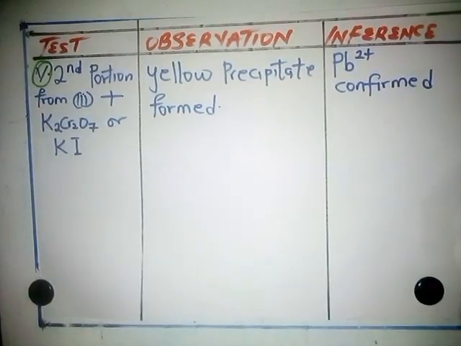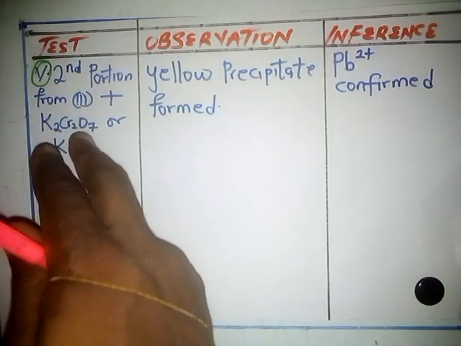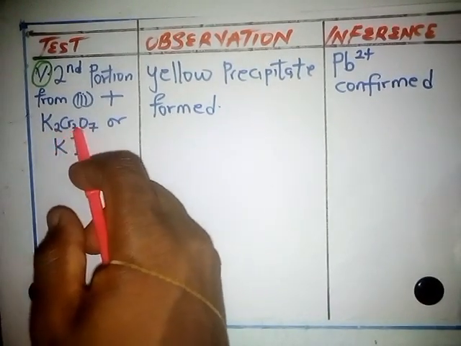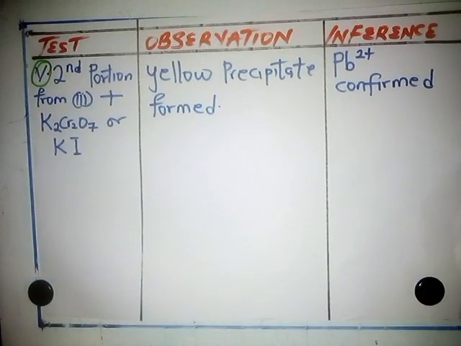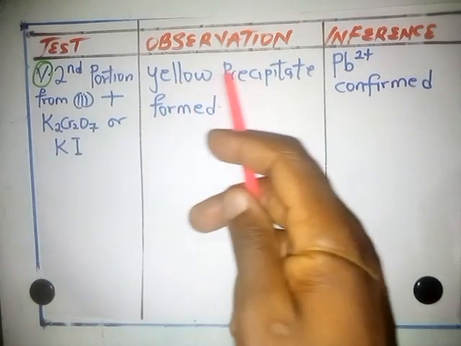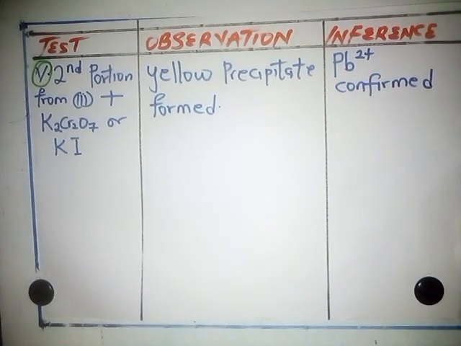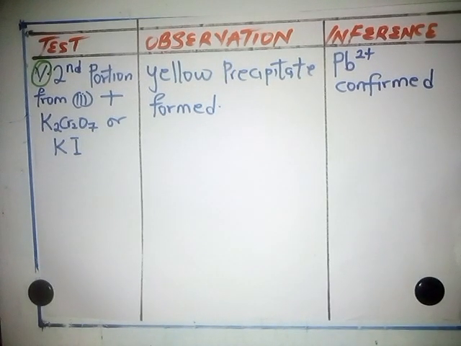All right, the last part, second portion from 3 plus potassium heptaoxodichromate(VI) or potassium iodide. The observation is that a yellow precipitate is formed. So when that happens, then you know that lead, Pb2+, is confirmed. So this is a confirmatory test for lead. Although there is another test, although I didn't include it for lead.